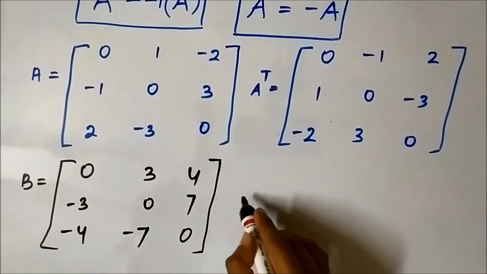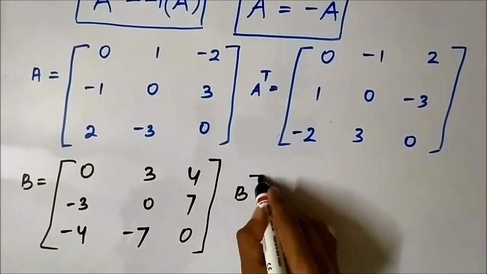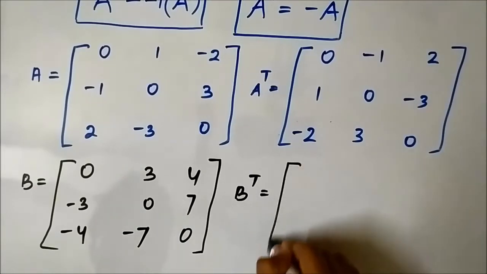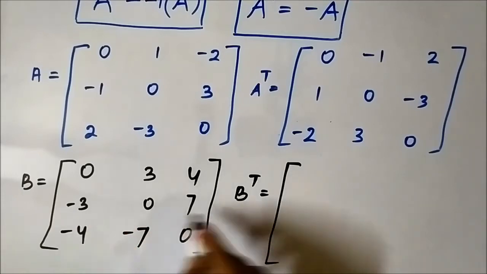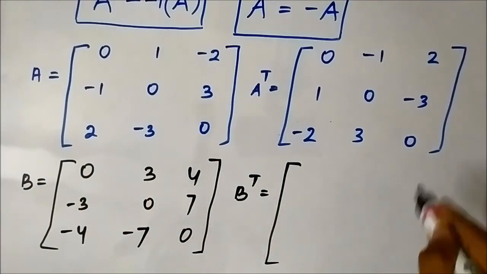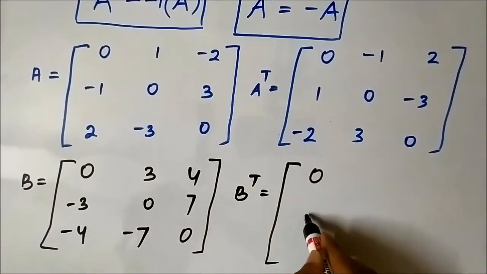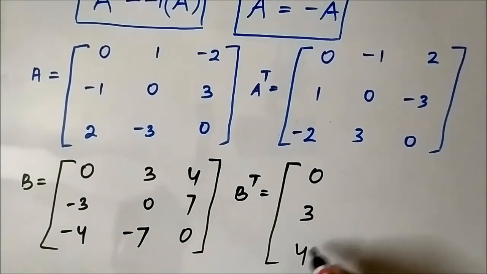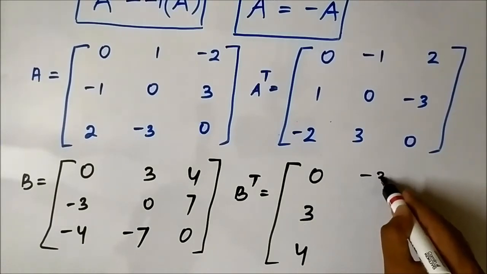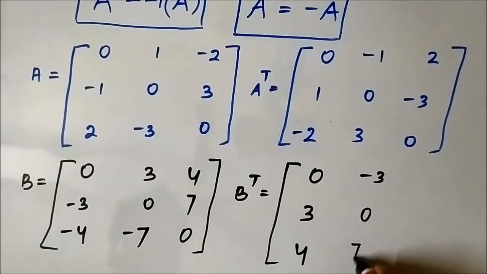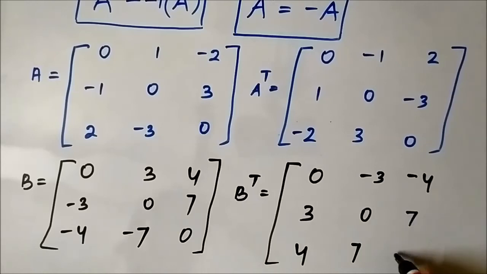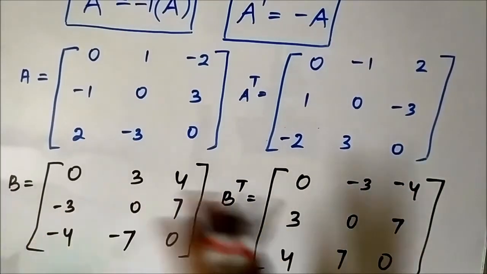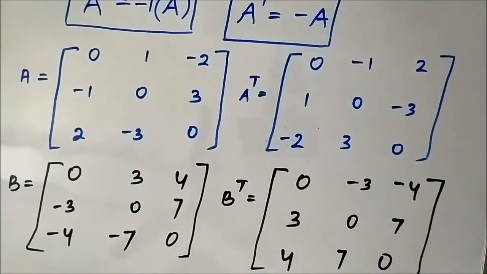Now the transpose of B will be: the first row becomes the first column, the second row becomes the second column, the third row becomes the third column. So 0, 3, 4, then minus 3, 0, 7, then minus 4, 7, 0.